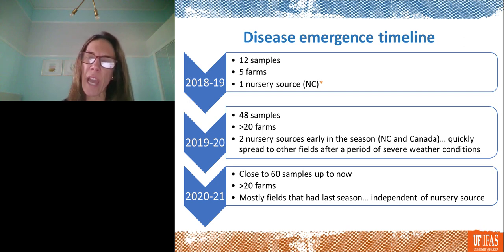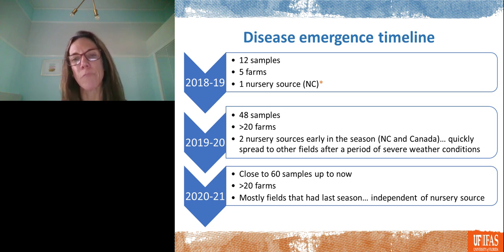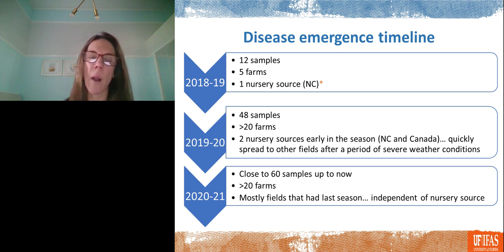But after we had severe weather conditions in late December, the disease quickly spread to other fields that were close to those that were initially affected, which really shows how aggressive and quick the disease could move to other fields.